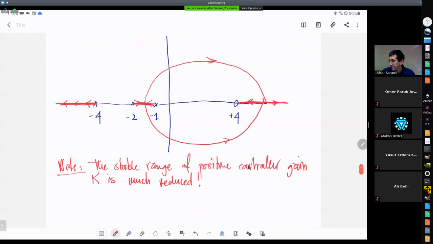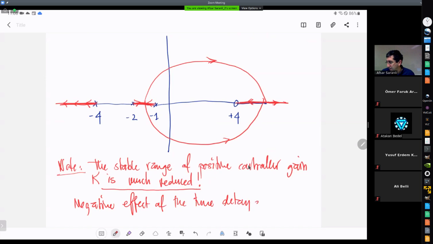Okay, so this is a negative effect of the time delay on the stability of the involved system.